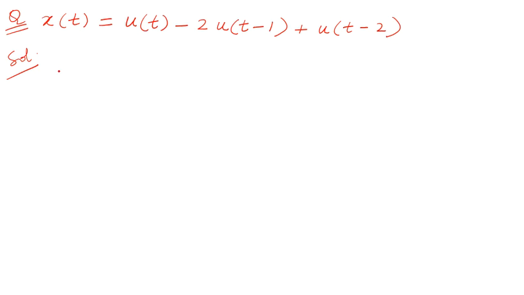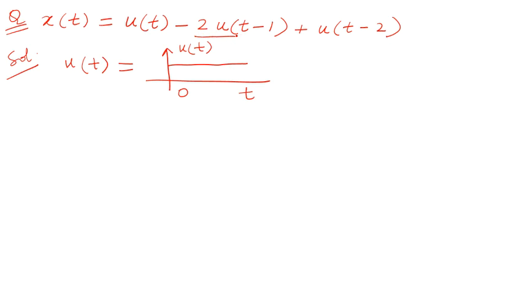Now as you might recall from the last lectures, what we were doing in these types of problems is we can draw first of all separately all these three signals. u(t) will simply be equal to this from 0 up to t. This signal will be u(t). Then the next part in this signal is twice of u(t minus 1).